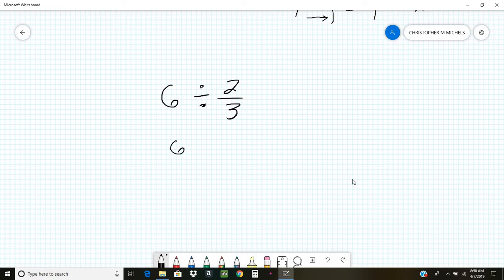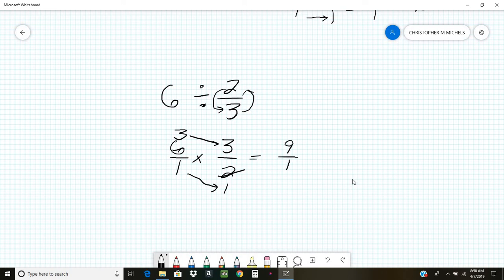So we write this as 6 over 1, flip the second fraction, and change it to times, so we get 3 over 2. Now we look for reduction. 6 and 2 can reduce by 2, so this gets knocked down to 1 and this gets knocked down to 3. Multiply straight across: 3 times 3 is 9, 1 times 1 is 1, so we get 9 over 1, which is 9.